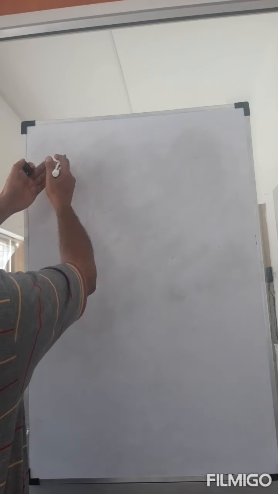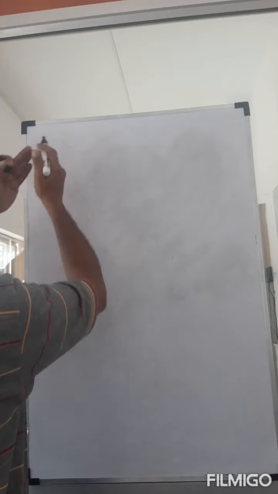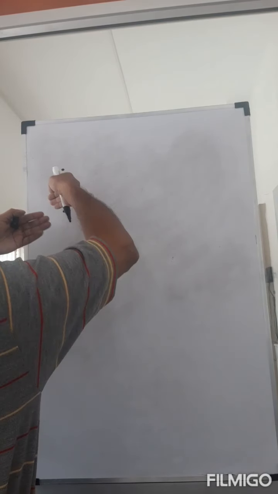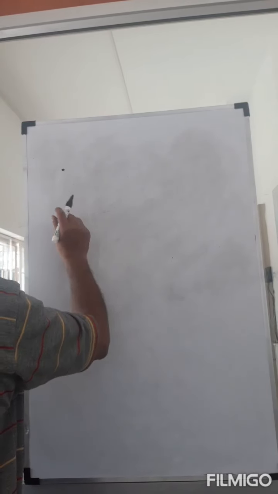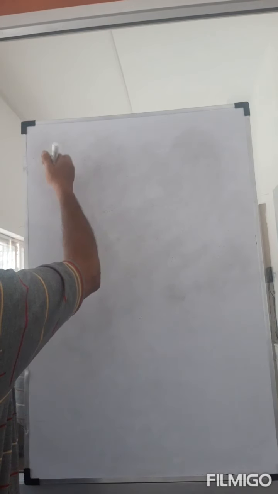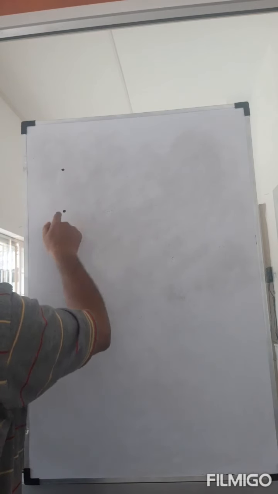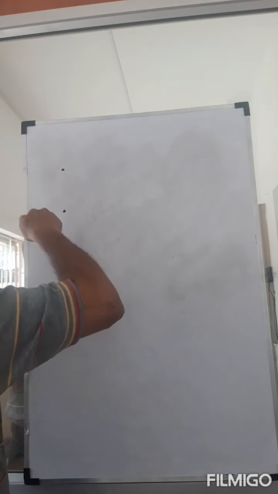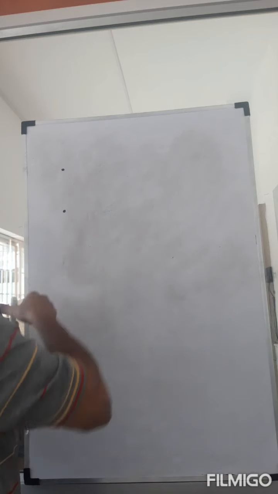You can imagine a half circle here, and another half circle inside the board. Let's say that the current is coming out from this end, and then goes into the circle this way.